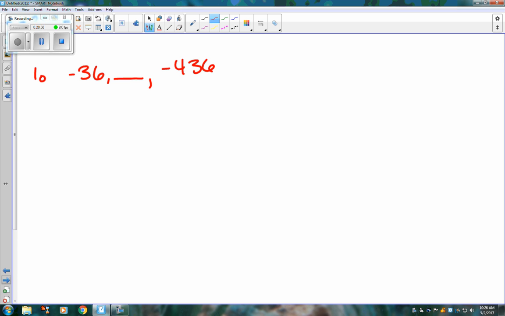How do y'all think we're going to find the missing term of an arithmetic sequence? How does an arithmetic sequence increase? By adding and subtracting. So am I adding the same thing every time or subtracting the same thing every time?